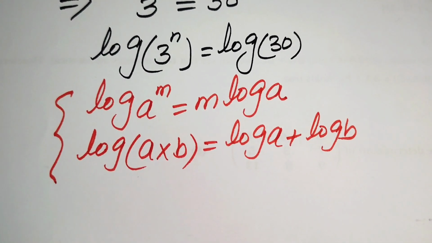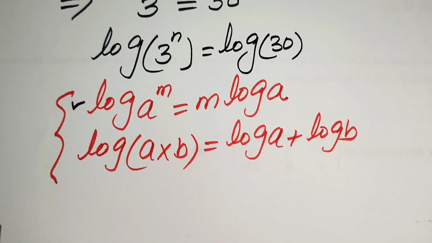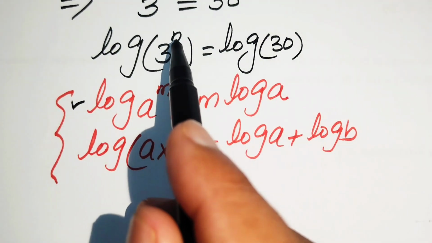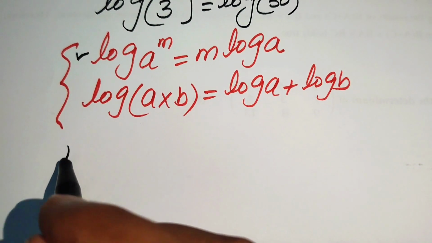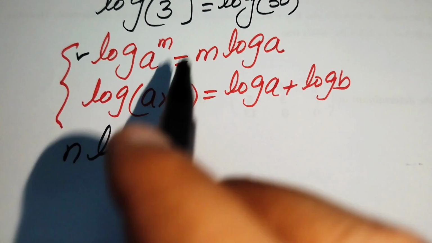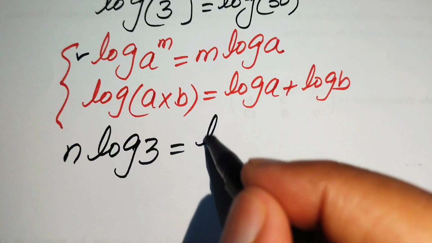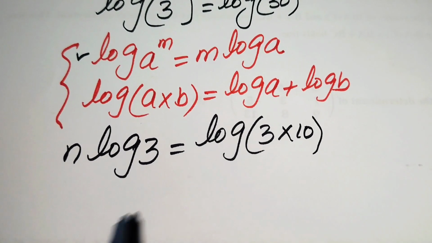Here we use these two properties. First, on the left hand side, we move the exponent n to the front of the log, so it is written as n times log 3 equals, here first we write this 30 as log of 3 times 10.